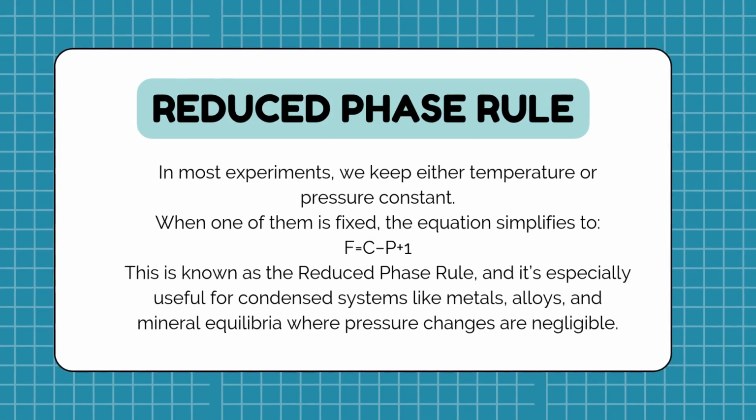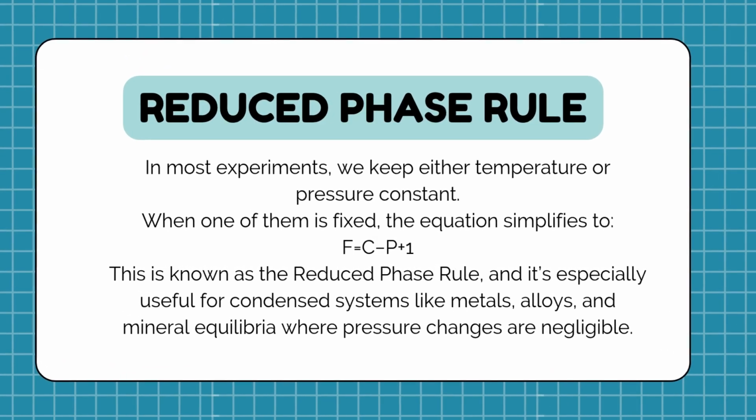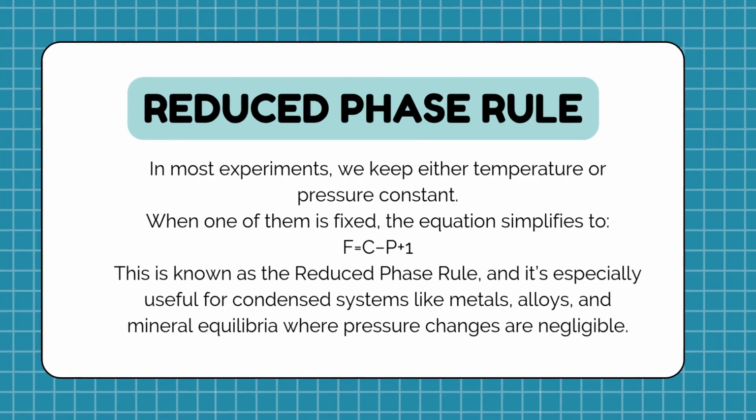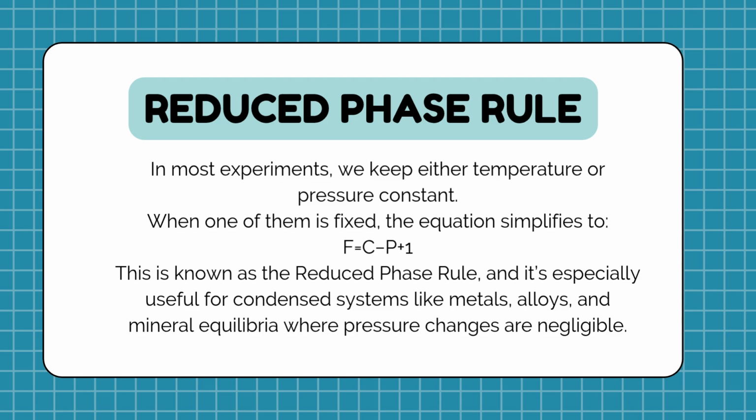Okay, now that we have seen what the triple point of water looks like, let's dive into some of the practical applications. When it comes to practical applications of the phase rule, we usually either keep the temperature or the pressure constant. And when one of these variables is fixed, the phase rule reduces to F is equal to C minus P plus 1.